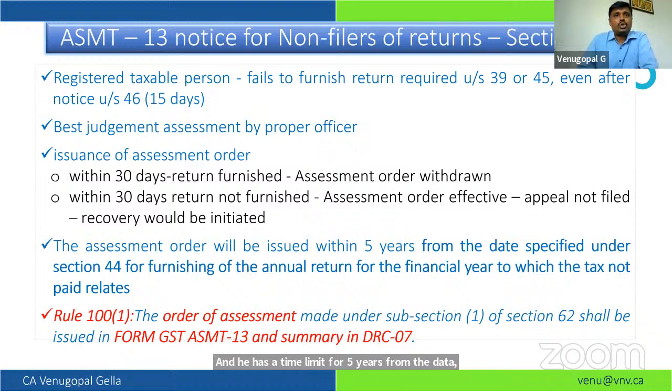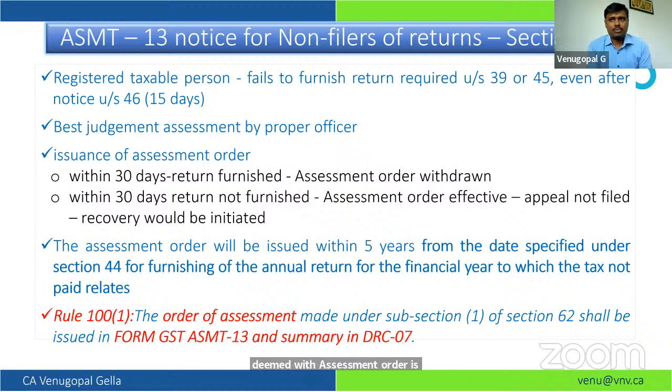What you should do is, within 30 days from the date of ASMT 13, file a return. When I say file a return, you file your 3B. Whether you file nil return or whatever be the return, file a return. Once you file a return, your assessment order is deemed withdrawn.